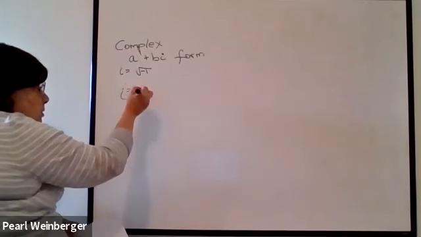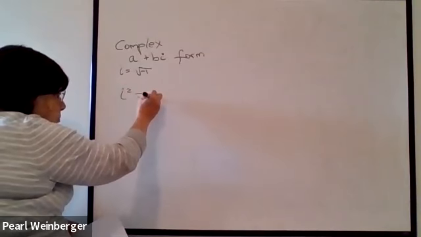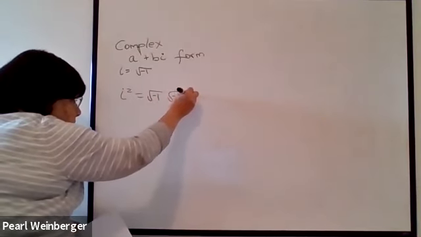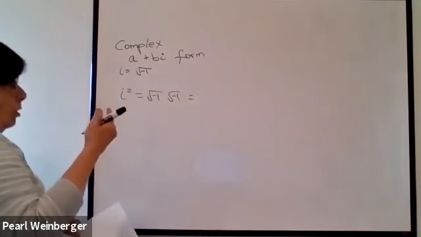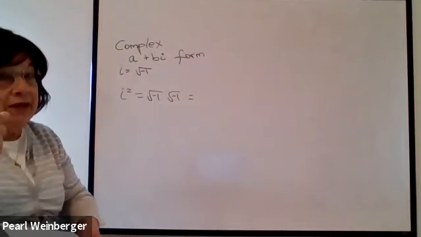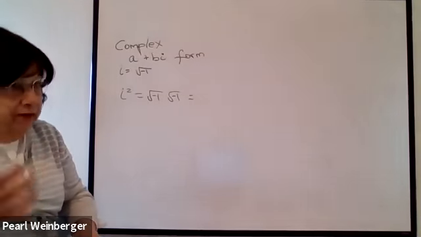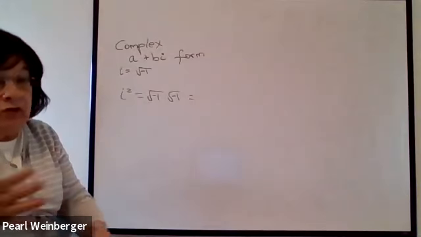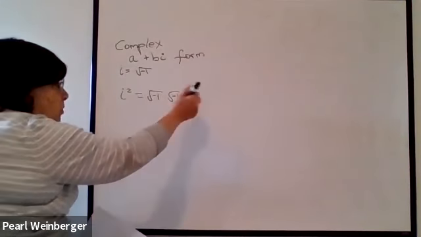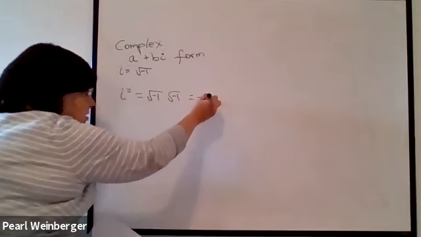Remember, i squared is i times i, so it's a square root of negative 1 times a square root of negative 1. And we know when we multiply a radical by itself, like the square root of 5 times the square root of 5 just gives us 5, the square root of negative 1 times the square root of negative 1 will give us negative 1.